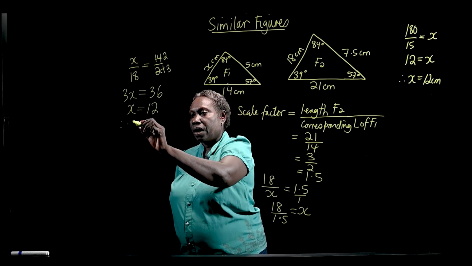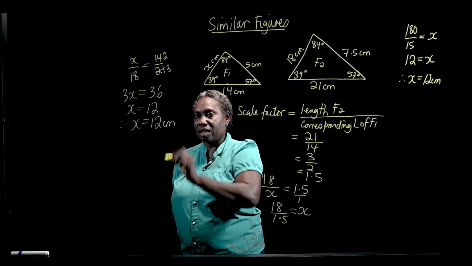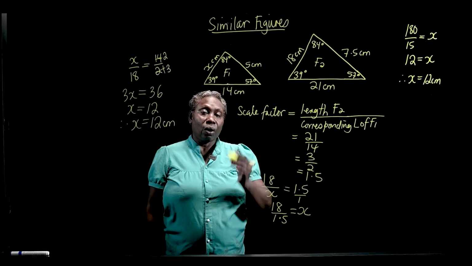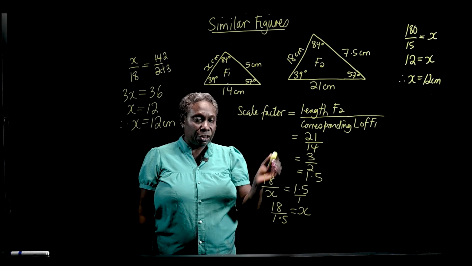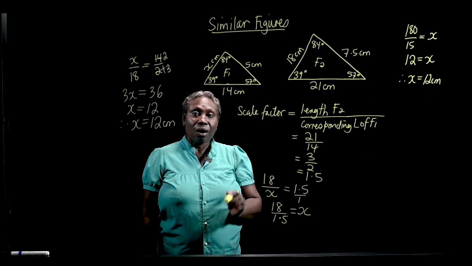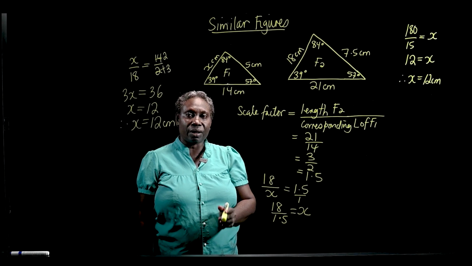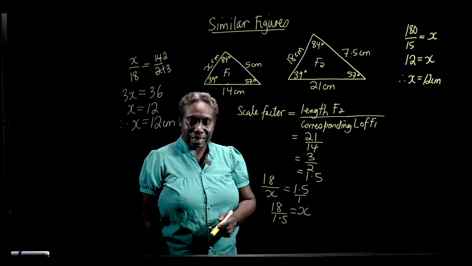Therefore, x is equal to 12 centimeters. So we have found that we can find the unknown sides of similar figures using the scale factor, or we can also use proportionality.